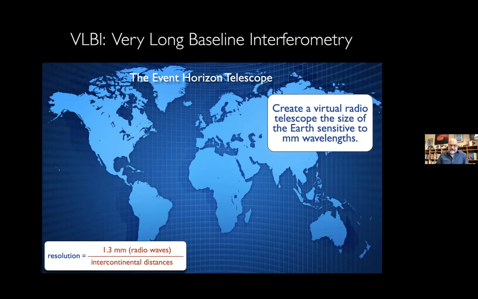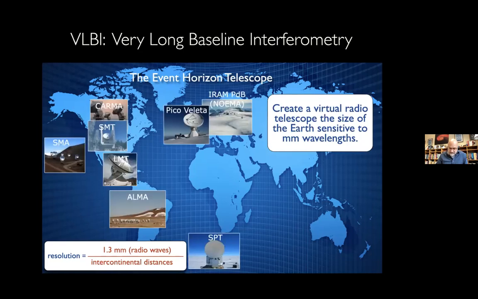Essentially, you build a telescope which is as big as the whole planet. And the way you do this is that you take a few telescopes scattered across the world. They are not particularly large. They are 20, 30 meters in diameter, but they have very high frequency receivers because these are very high frequency radio waves.